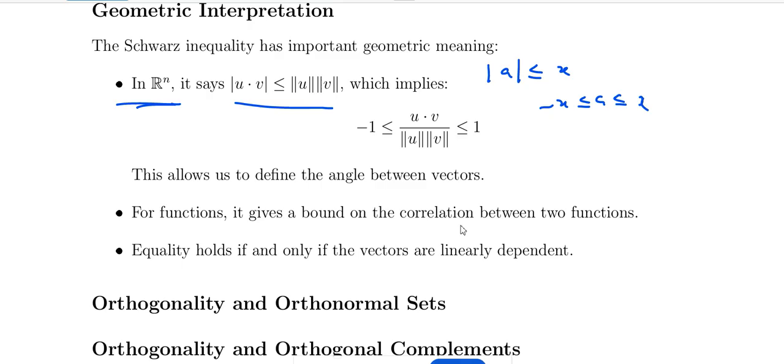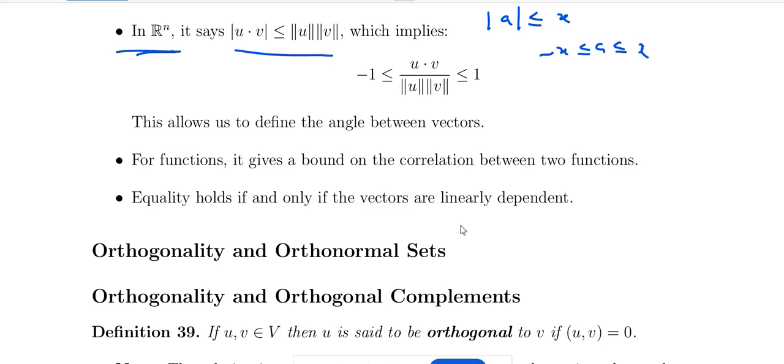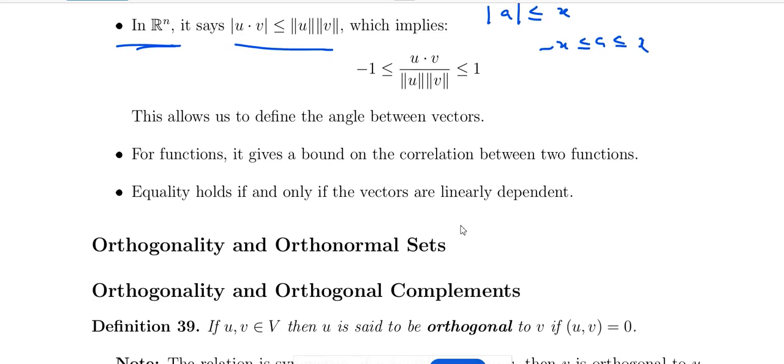When you divide by norm u norm v, we get minus 1 less than or equal to u dot v divided by norm u norm v less than or equal to 1. So the value of this is always between minus 1 and plus 1 in the case of R power n. And for functions it gives the bound on the correlation between the two functions. And equality is true if and only if the vectors are linearly dependent.